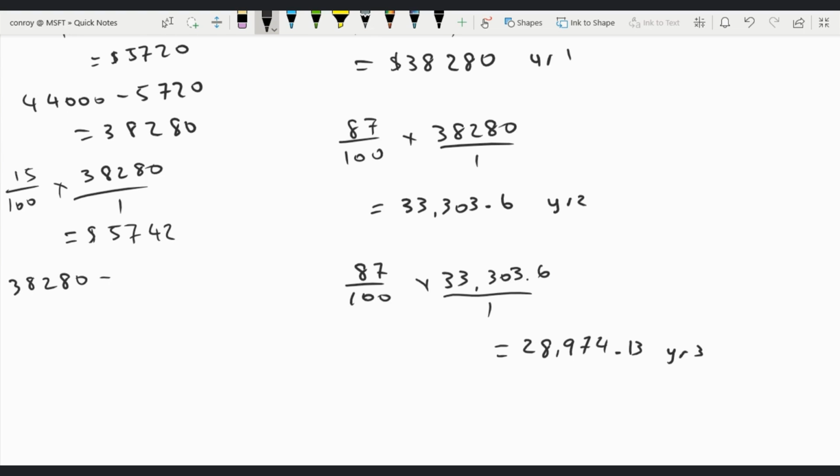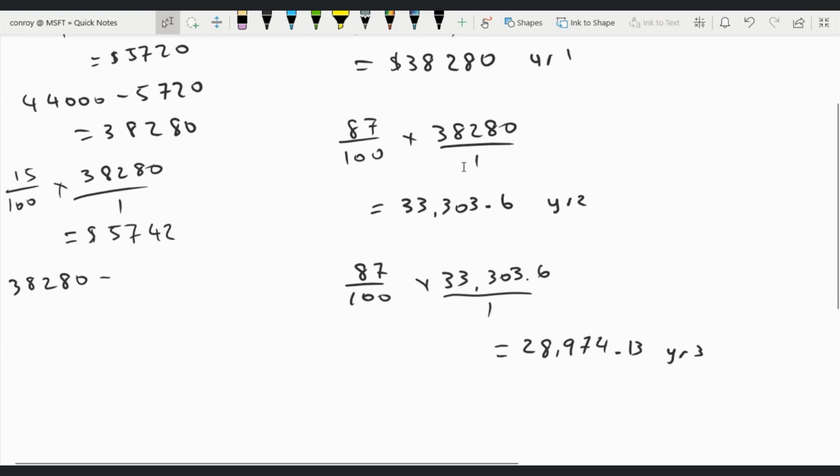We're getting some different figures. Let's go again. It seems like we're getting some different figures, but I would just stick to this option.